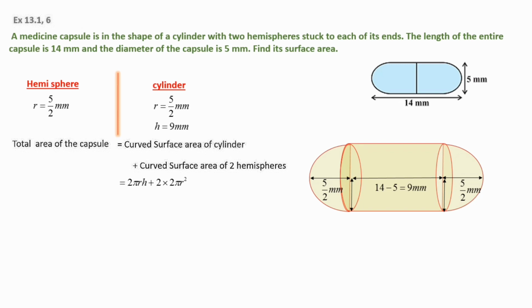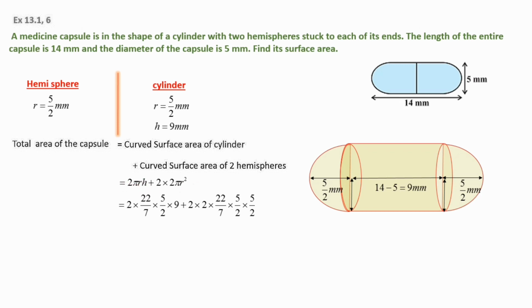That is equal to, the curved surface area of cylinder, we know the formula, 2 pi RH, plus the curved surface area of two hemispheres. One hemisphere's curved surface area is 2 pi r square. Two hemispheres are there, that is 2 into 2 pi r square. That is just substituted here. I am not taking anything common because we may go for cancellation.